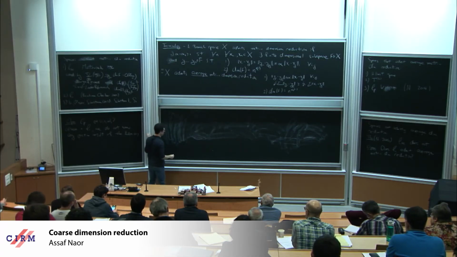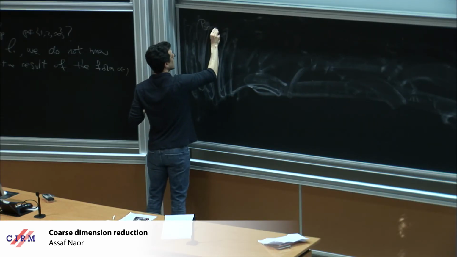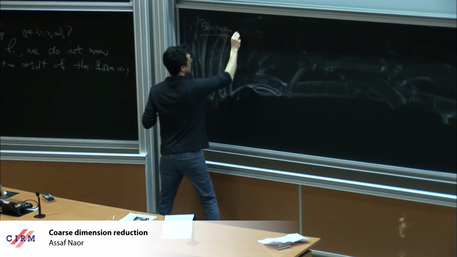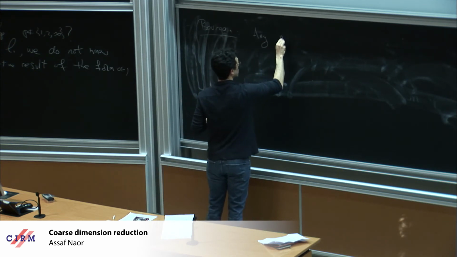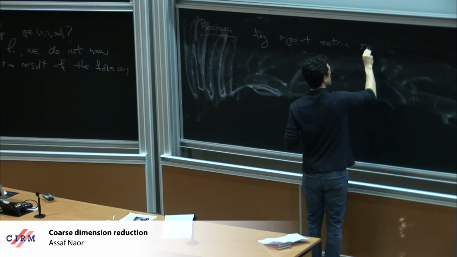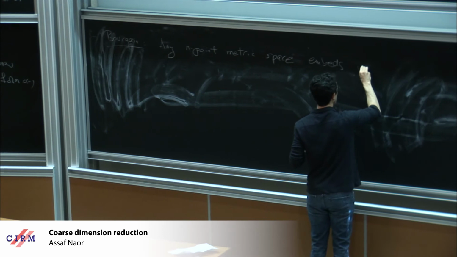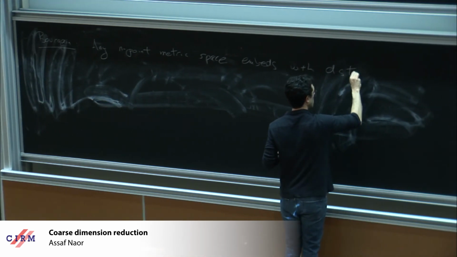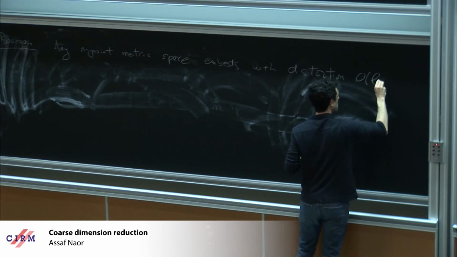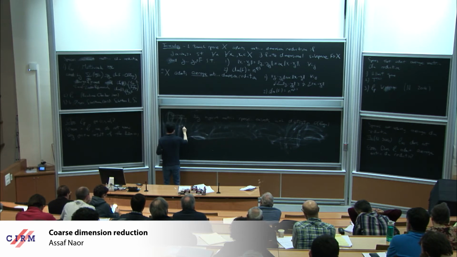So I want to just discuss the case which is not covered in there, which is distortion when alpha is log n. Okay? So Bourgain proved that any n-point metric space embeds Lipschitz with distortion big O of log n into L2.